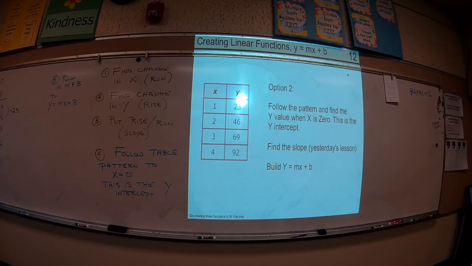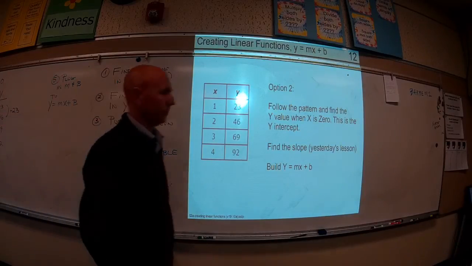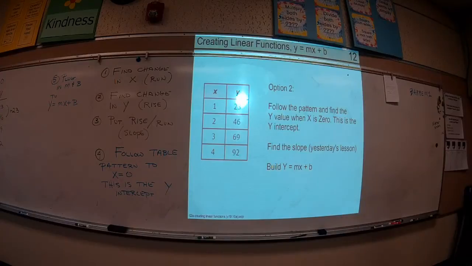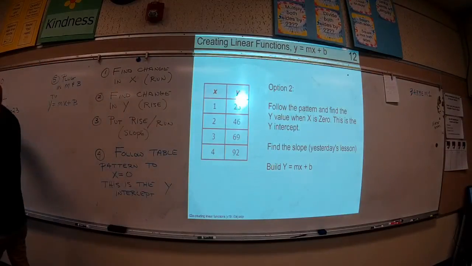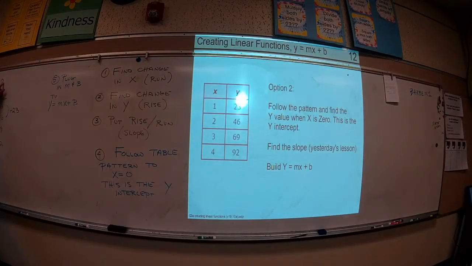That was a lot of explaining. So what would it be? Y equals 23x plus 0.